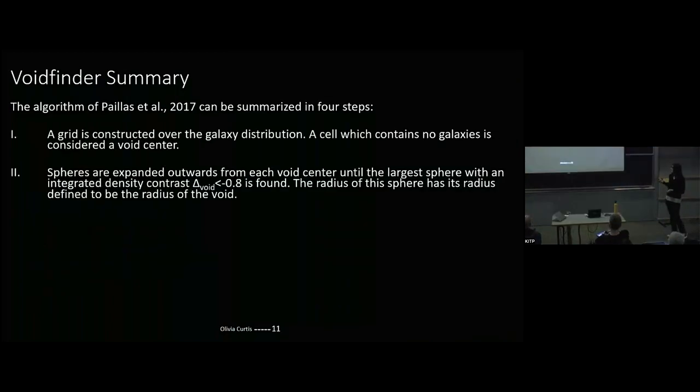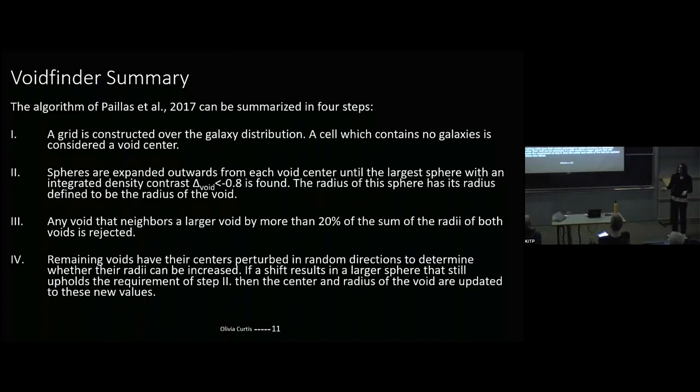I don't want to dwell too long on the steps of the algorithm, but in essence, around each underdense region in the galaxy field of the simulation, we find the largest such sphere that can enclose an underdense region of space, such that we meet an integrated density contrast threshold of less than -0.8, which is a choice motivated by linear theory predictions for what the underdensity threshold of a void should be at the current epoch.